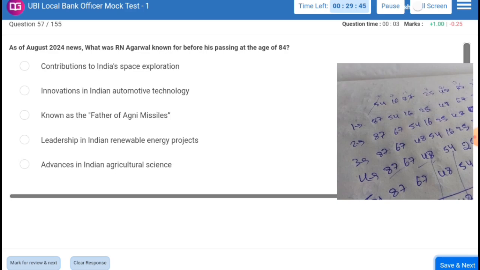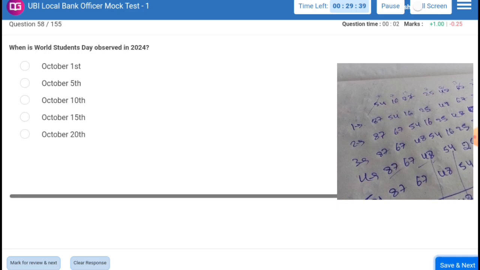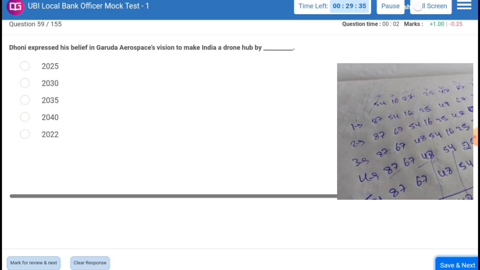R.N. Agarwal, known as father of the Agni Missile. Students' Day is 15th October. So Dhoni expressed his belief in Garuda Aerospace's vision to make India a drone hub by 2030, I think.